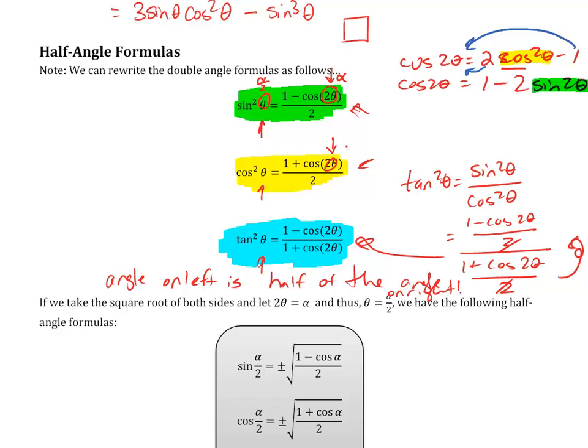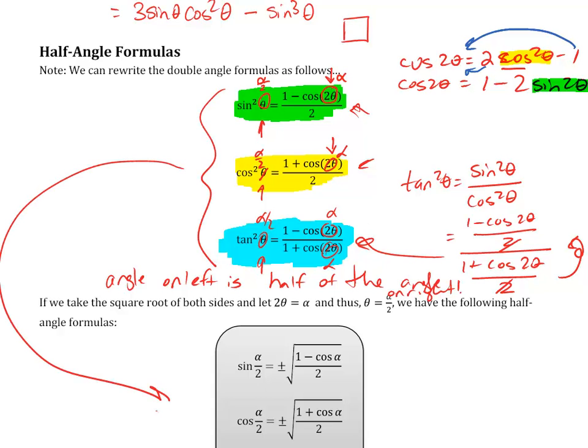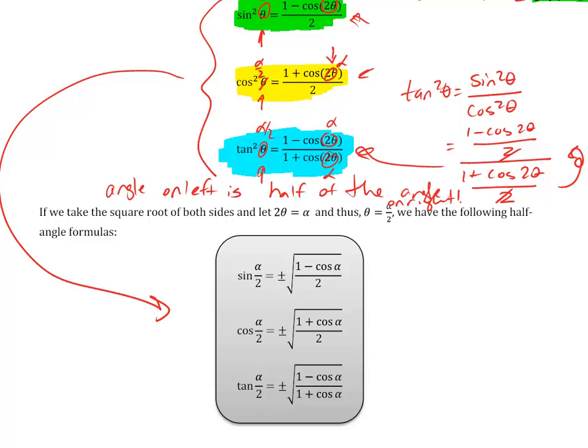If I put an alpha here and an alpha over 2 there, and then take the square root of both sides, all of these formulas become what are known as the half angle formulas. So again, take the square root of both sides and let 2 theta be alpha, then theta simply becomes alpha over 2, and we have these formulas right here.